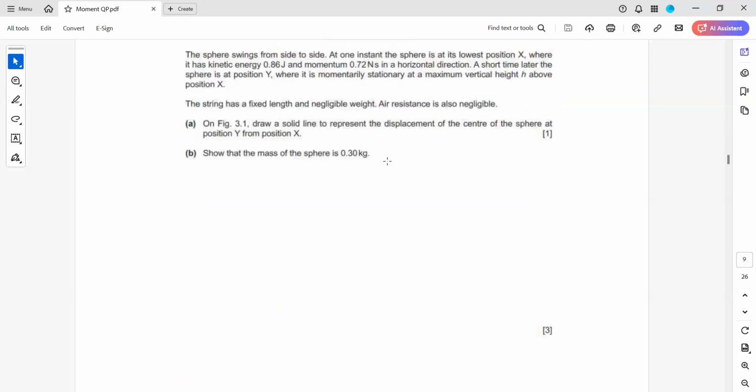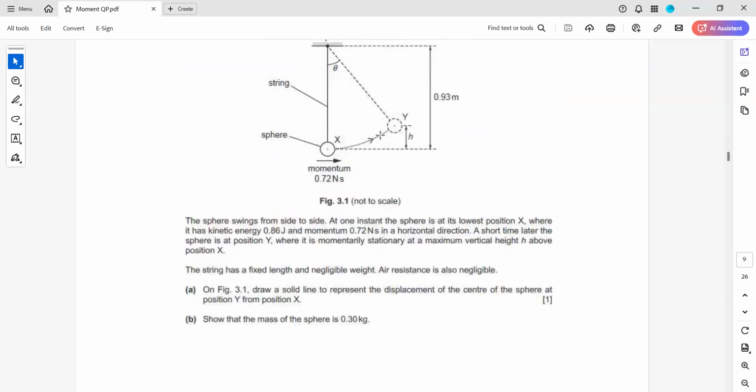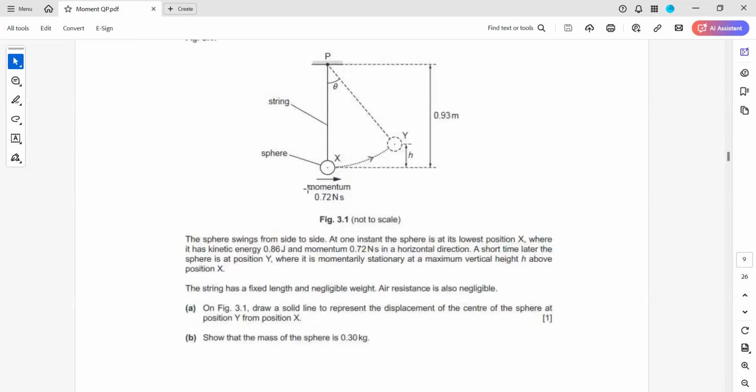Page 9, part B. Show that the mass of the sphere is 0.3 kg. In the question, the sphere swings from one side to another. At an instant the sphere is at the lowest position x, and its kinetic energy is also given to us, and the momentum is also given, 0.72.